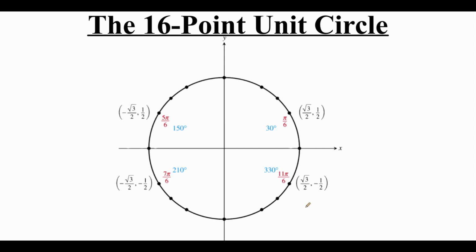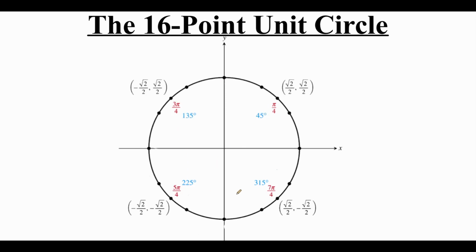Now depending on which quadrant we're in, some of the signs are changing. In the first quadrant, both of those values are positive, but if we move to the second quadrant, the x is negative because we went left, but the y is still positive. Down in the bottom left-hand corner in that third quadrant, they're both negative, and down in the fourth quadrant, the x is positive and the y is negative. But those ordered pairs are exactly the same aside from the signs.